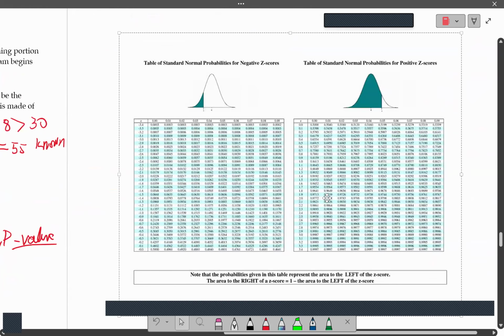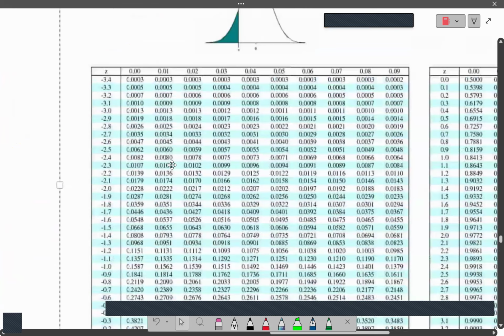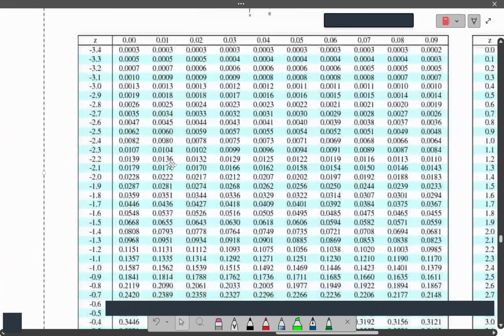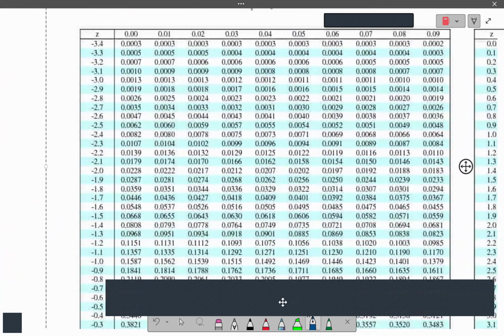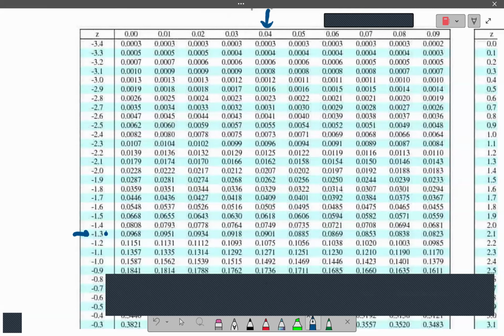So 1.34, and we say it's a small tail, so 1.3 and 4. 1.3 is here, the 4 is over here. So this is going to be my number.